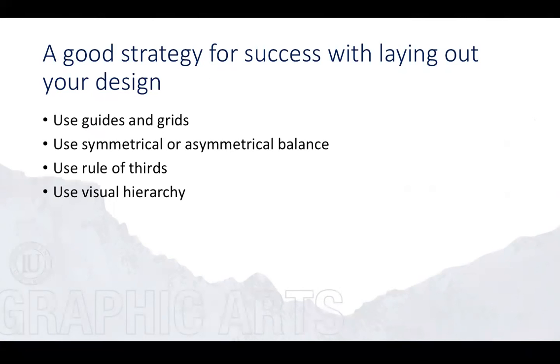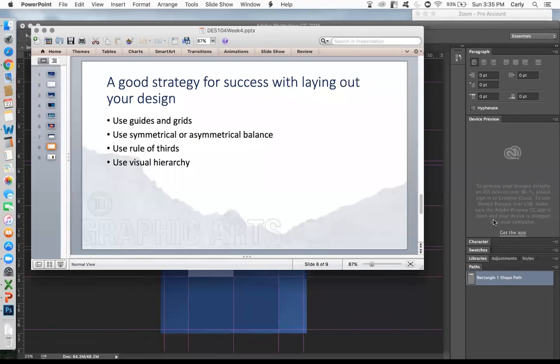Using grids to make the margins between text and images consistent. So, if there's an image, then there's a group of text, and there's a couple other images, all of the spaces between those images and that text are going to be exactly the same. Use symmetrical or asymmetrical balance. What does that mean? Let's talk about symmetrical and asymmetrical balance for a moment.